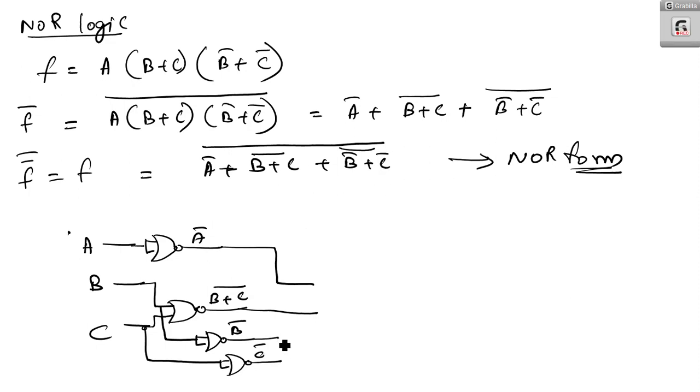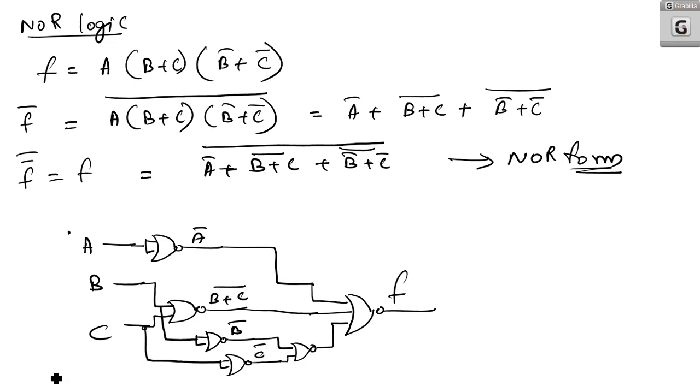That means again here we have to get a NOR gate. And if you are NORing these three, you can get the final answer. That is a 3 input NOR gate. So here you have realized the expression using only NOR gate.